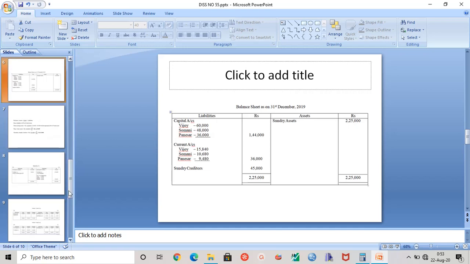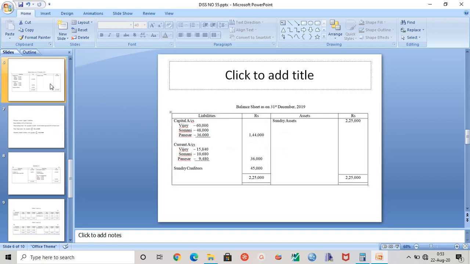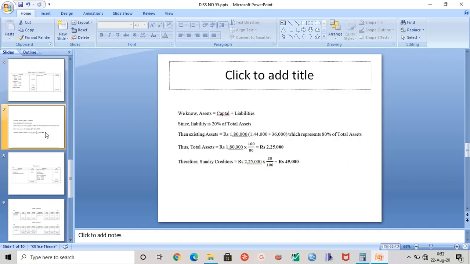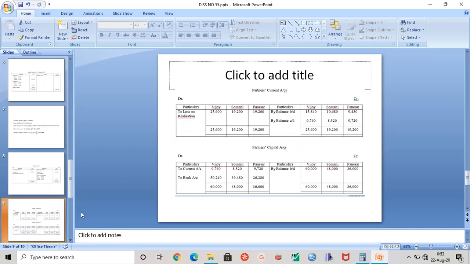After that you will get this calculation done here regarding the sundry creditors and the assets in the last year, that is 31st December 2019. After you do this calculation, then you can proceed with your realization. After that you know how to do it, isn't it? So let me know if there is any kind of confusion, because this is a very lengthy question.